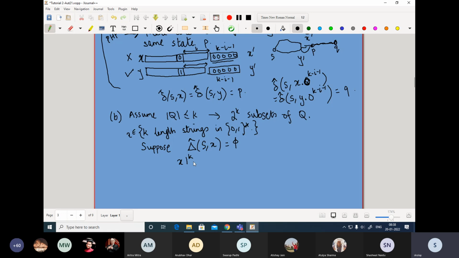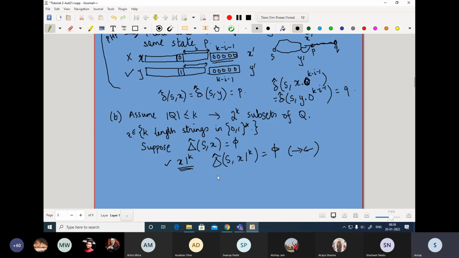I mean it should not be going anywhere else. If delta hat sx is phi, then delta hat sx1 to the k is also phi, and this is a contradiction because this should be accepted.